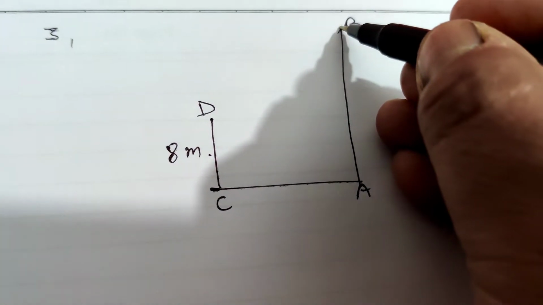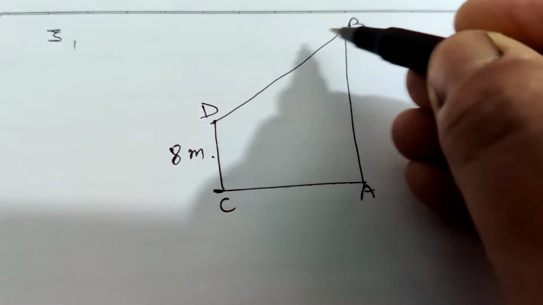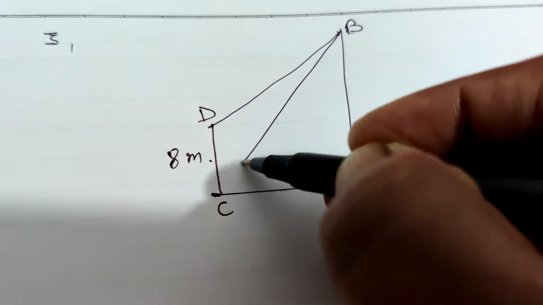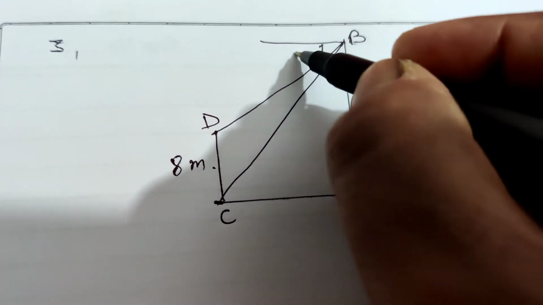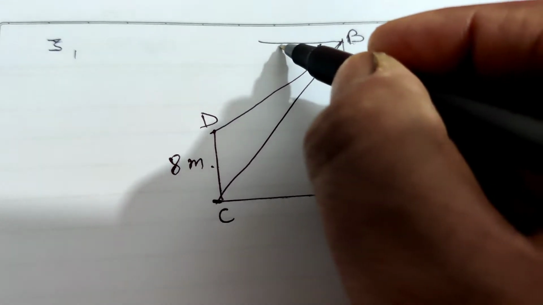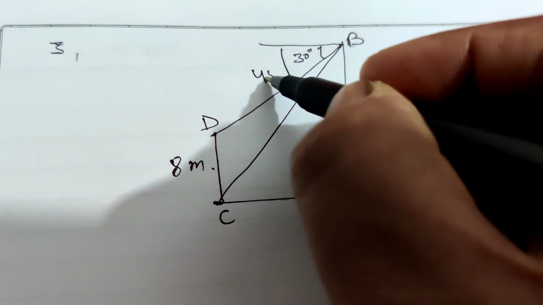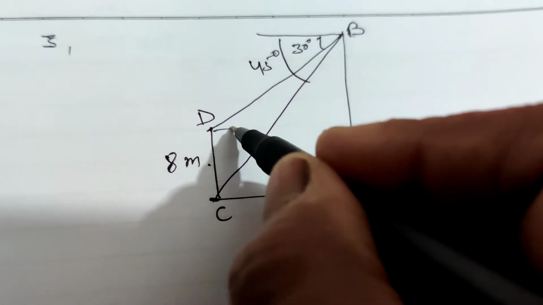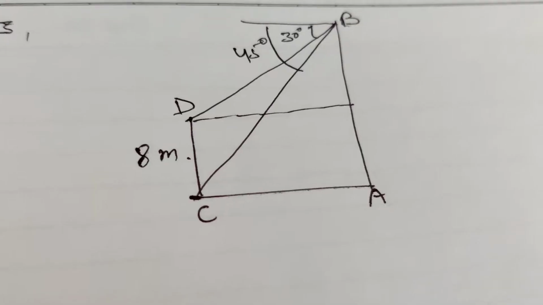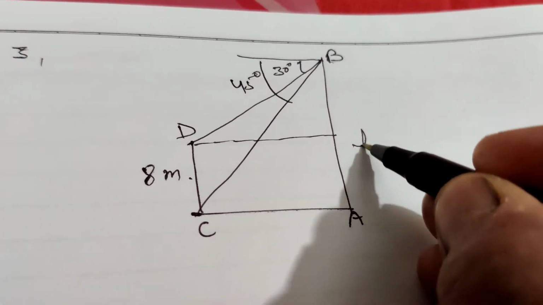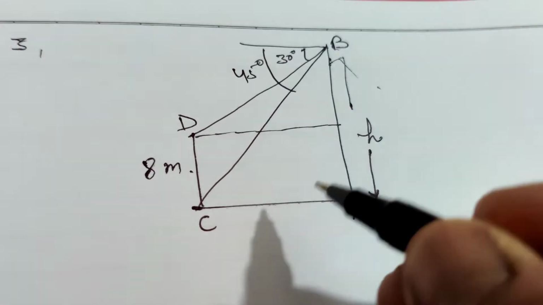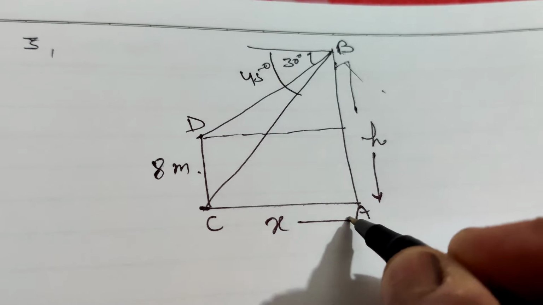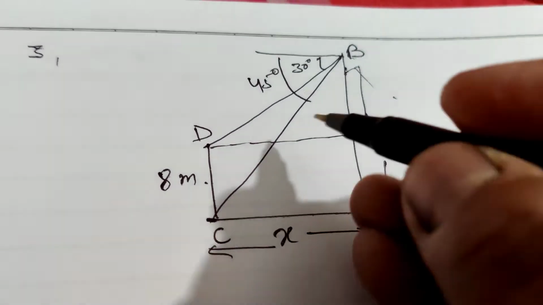The angle of depression of the top and bottom of the building is 30 degree and 45 degree. Draw a line. Find the height of the tower, this is the height of the tower, and the distance between the tower and building.